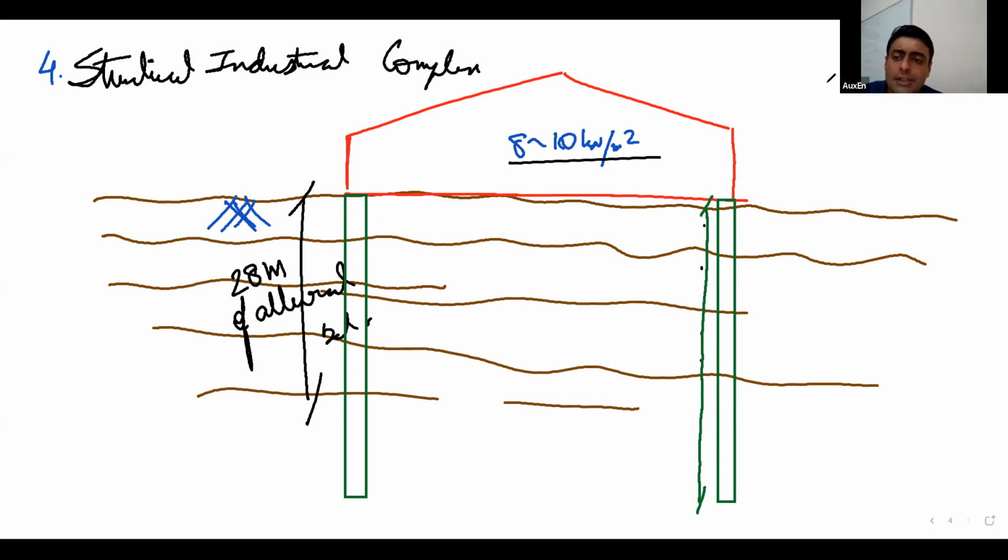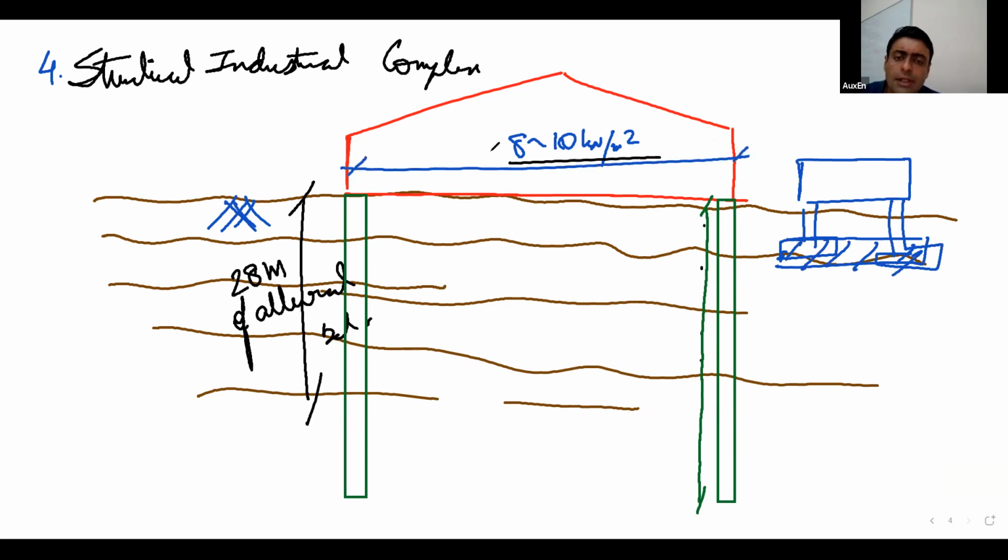For smaller structures in this same project, as I told you, this was an industrial complex having many structures, we provided isolated footings. In some structures, we also provided rafts, but only for the main shed. This shed was also a big shed, around 35-40 meter span.